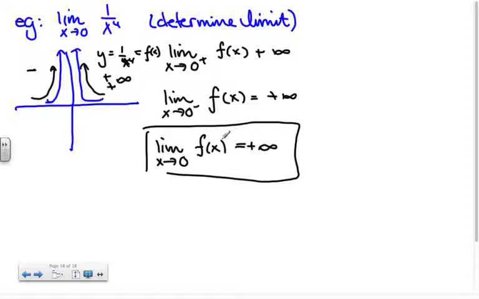So now, let's move on to the formal definition of limit, which will take us the majority of the section. And it's not really as difficult per se.